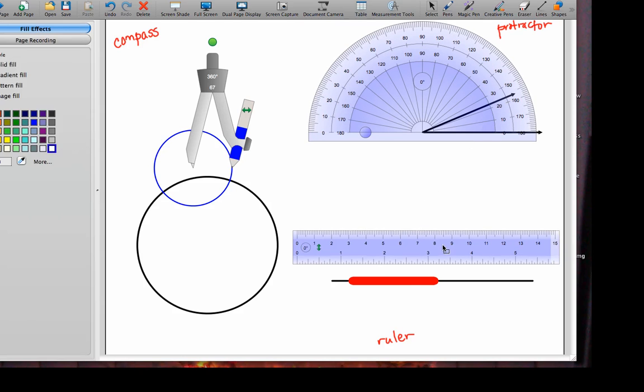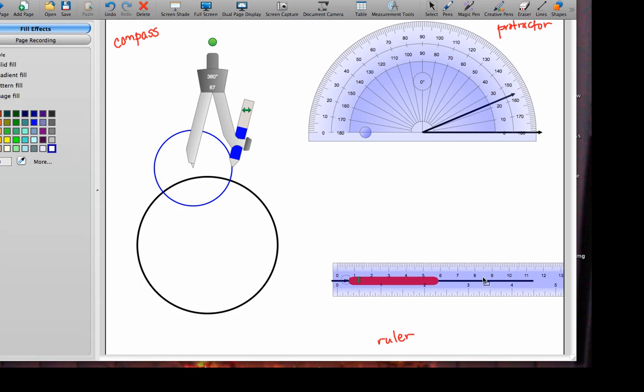And lastly, we have this ruler. I want to measure the length of the red line segment. And this right here is in centimeters, and a ruler is used to measure length.